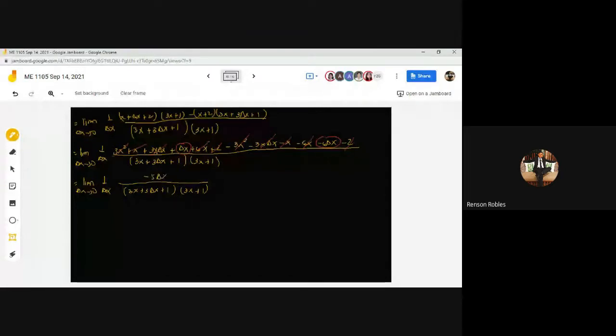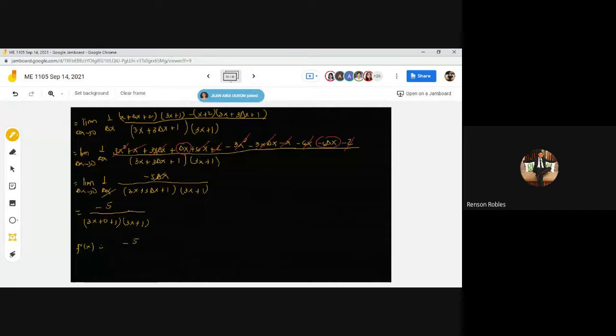And then you are now ready to replace delta x by 0. So negative 5 all over 3x plus 0 plus 1 times 3x plus 1. And this leads us to negative 5, f prime of x is negative 5 all over 3x plus 1 squared.